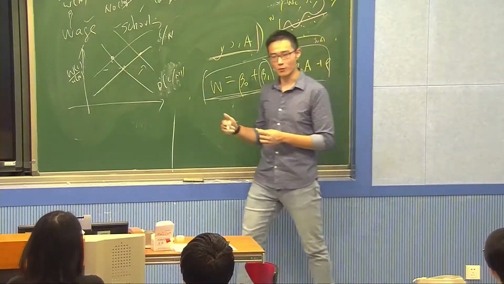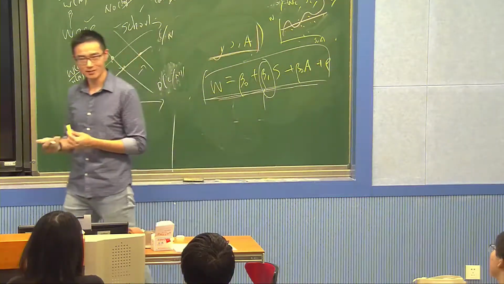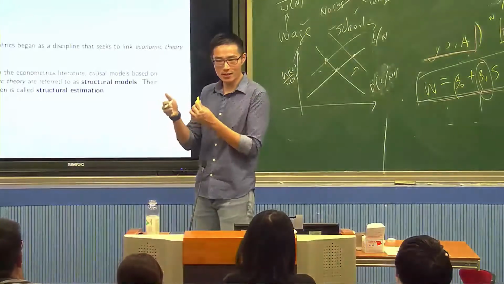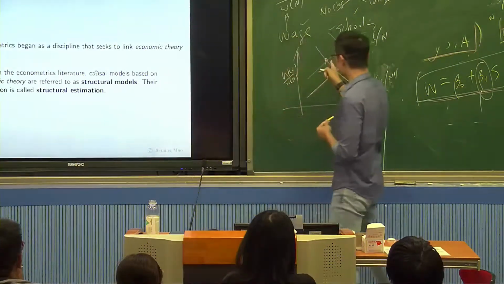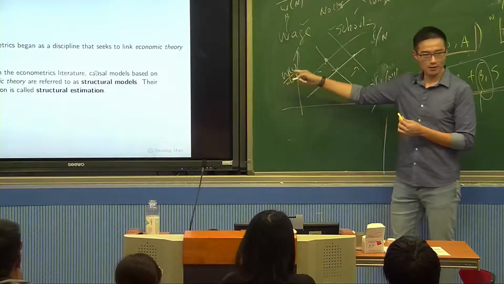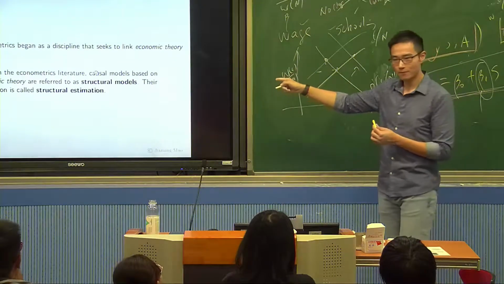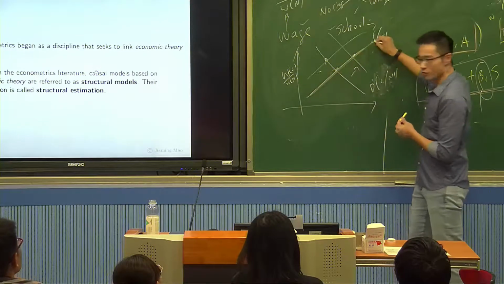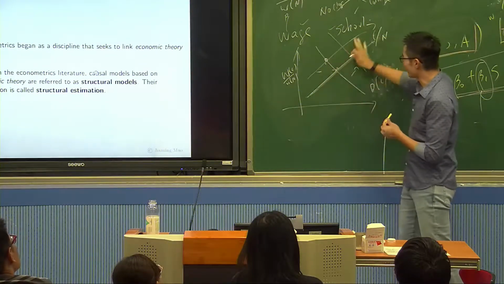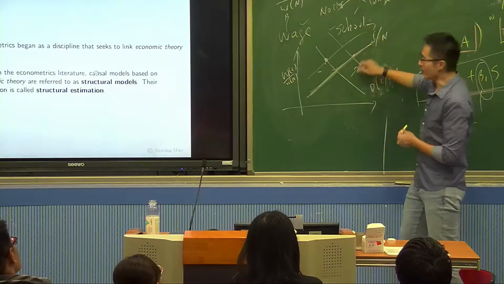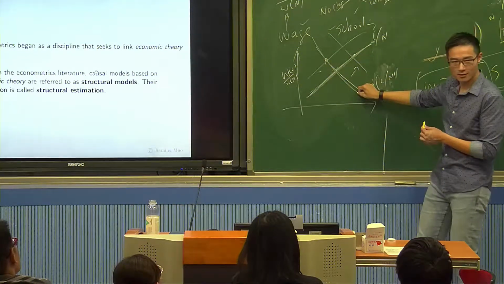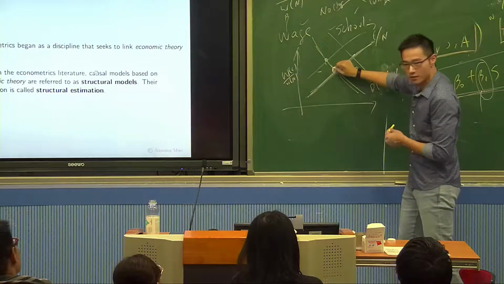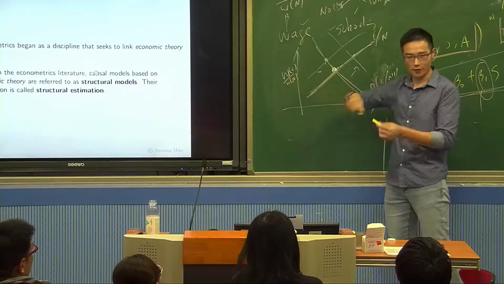But when you take economic theory seriously, this is how the wage should really be determined. So what do structural economists do? They take this very seriously. They estimate the supply function, and then they estimate the demand function, and then they produce the equilibrium wage that fits the data.